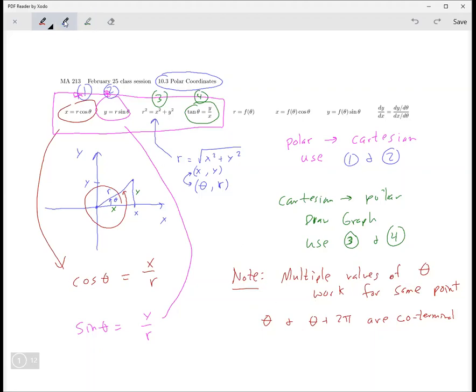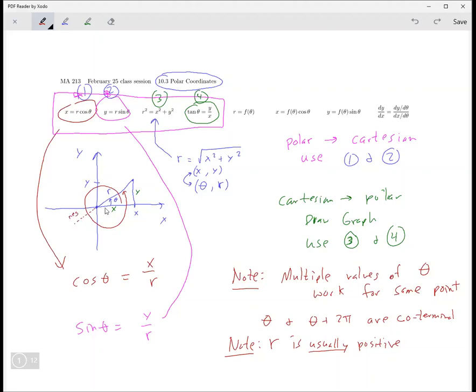And that brings me to the second note: r is usually positive, but not always. It doesn't have to be. When it's negative, it does weird things. If you have this angle and your r is negative, then you're going to be going out this way.